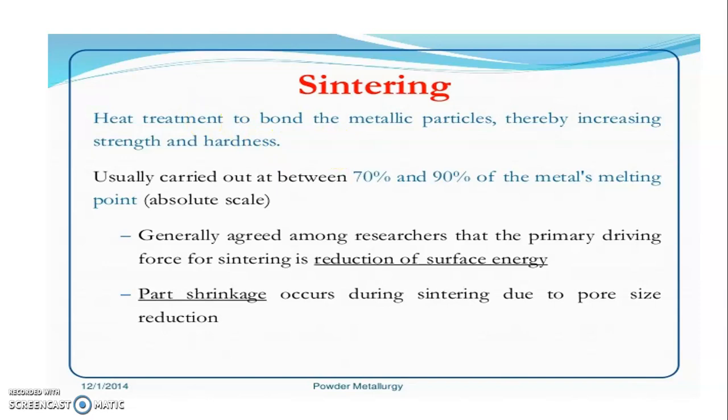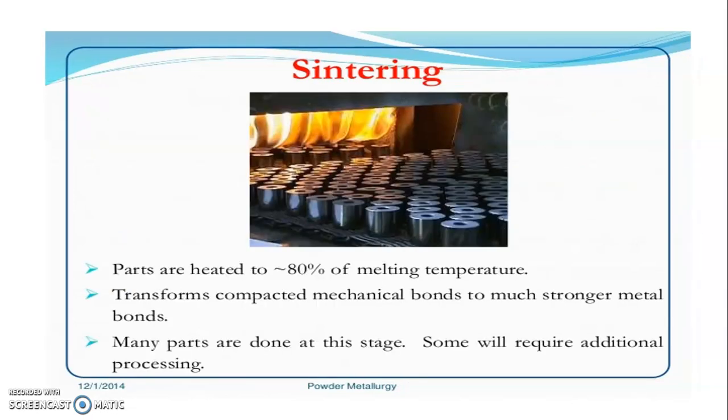It is generally agreed among researchers that the primary driving force for sintering is the reduction of surface energy. Part shrinkage occurs during sintering due to the reduction in pore size.